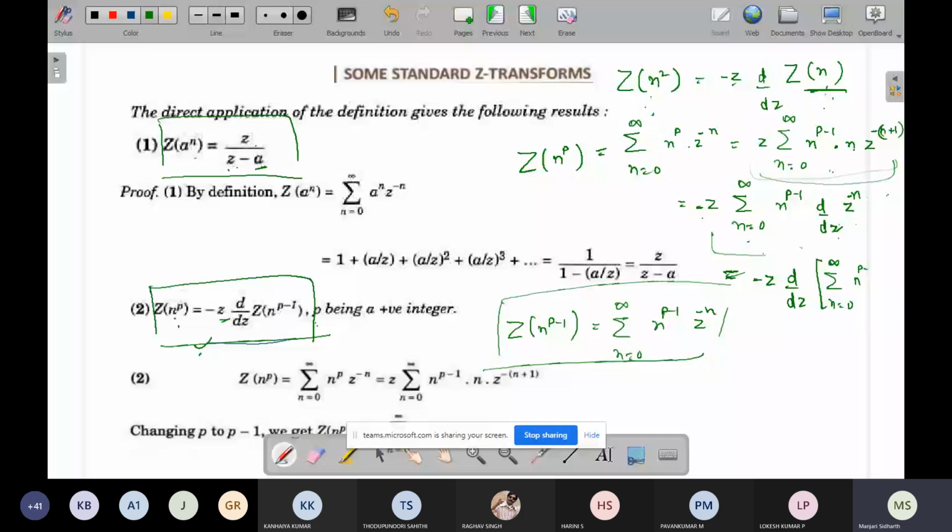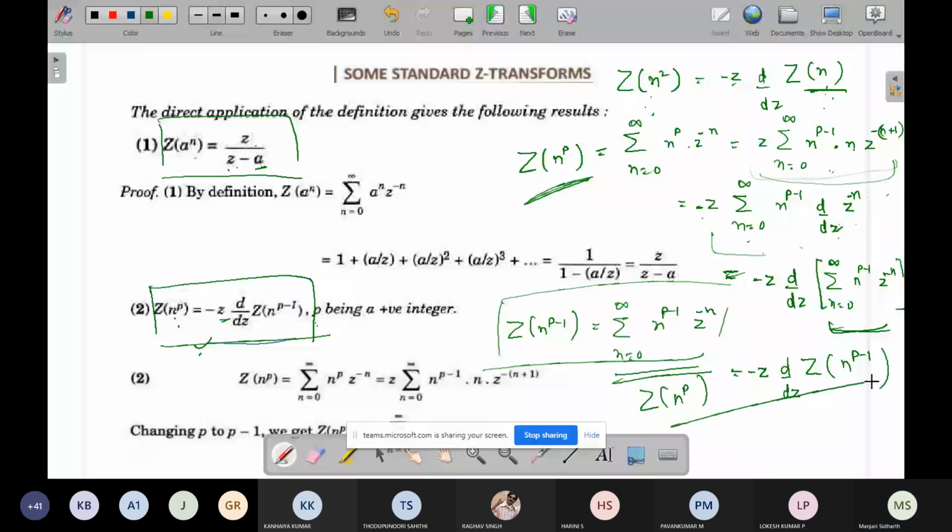See, this is the formula for the Z transform of n power p minus 1. Okay, and the LHS was the Z transform of n power p. So we have proved this formula. You need not prove the formula, but you should know the formula.